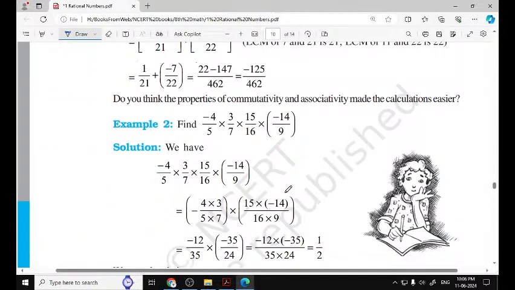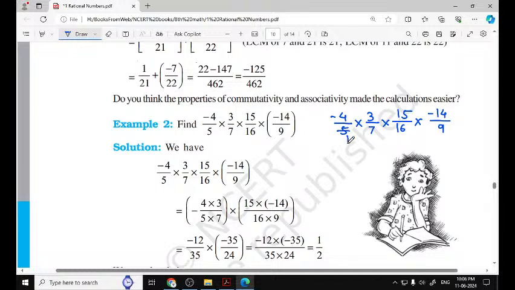This is for addition. Now multiplication of rational numbers. Minus 4 by 5 into 3 by 7 into 15 by 16 into 14 upon 9. Here we have multiplication of all these fractions. So the numbers in the numerator can divide the numbers in the denominator and vice versa.